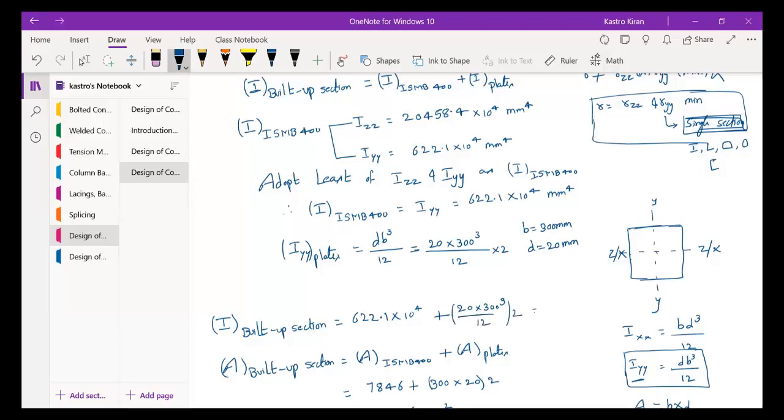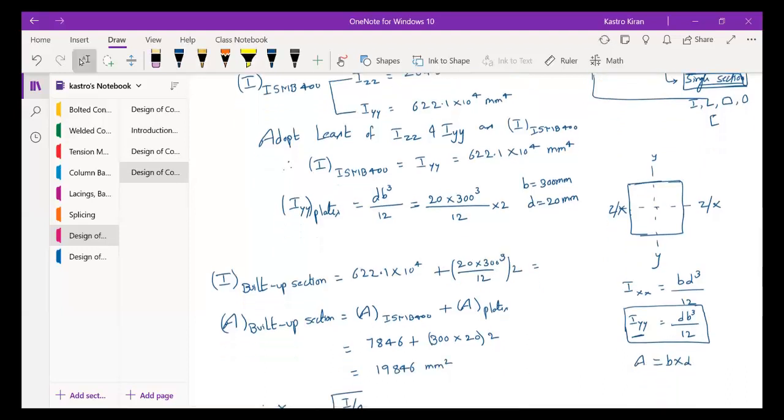So if you solve for this one, then I of a built up section will be 96.22 into 10 power 6 mm power 4. Please make sure of this correction. So the final answer of moment of inertia of built up section is 96.22.